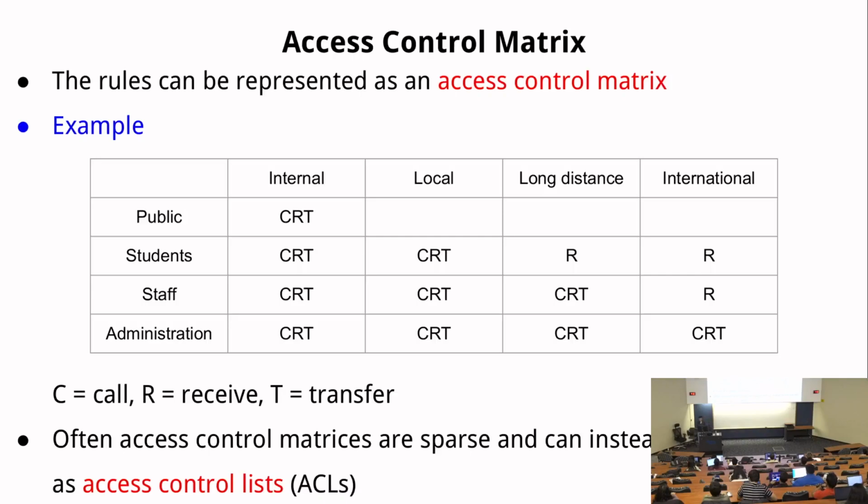So what's the problem with this approach? This is like a global access control matrix, which has everything, so it will be a huge table. However, this table could be a sparse matrix.